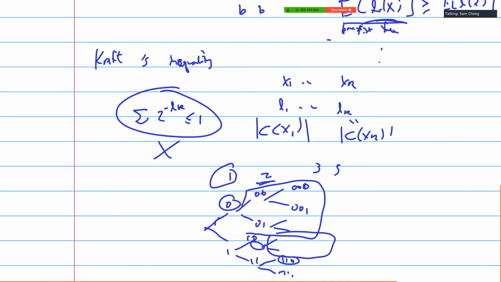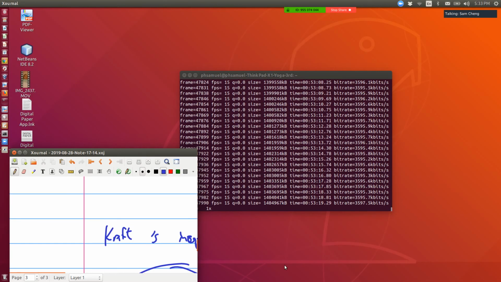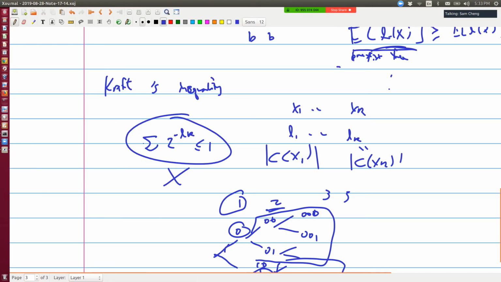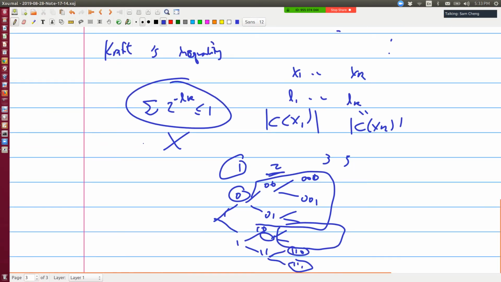Let's say I pick this one here. So eventually, for this choice of lengths 1, 2, 3, 3, I pick these code words: 0, 1, 0, 1, 1, 0, and 1, 1, 1.